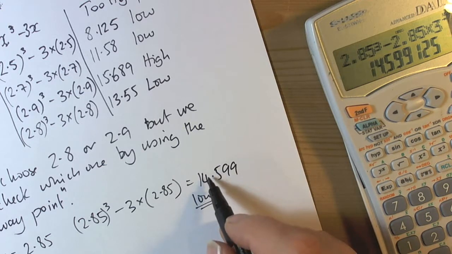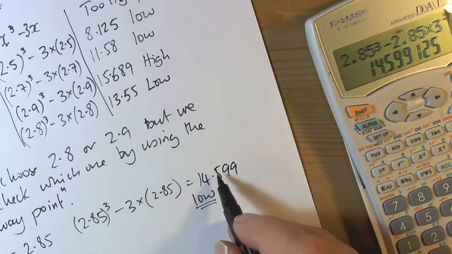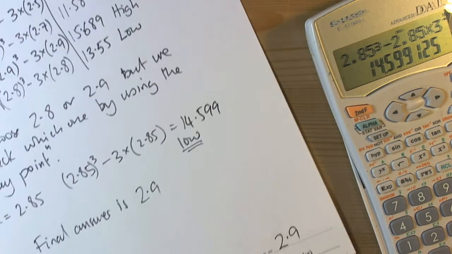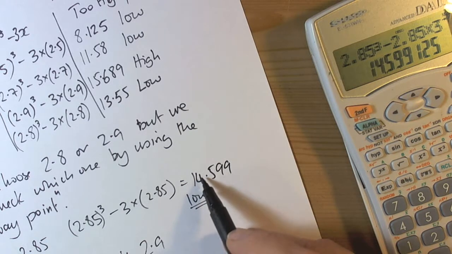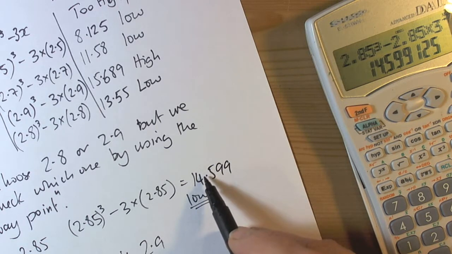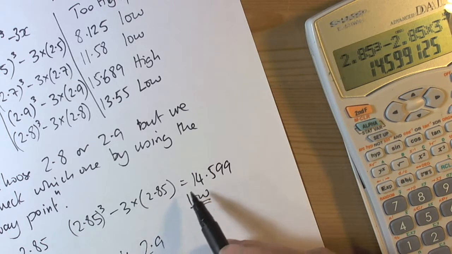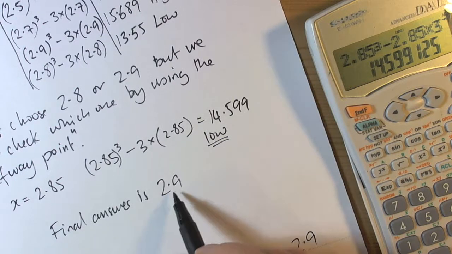Because this is low, it suggests that the nearer answer to 15 was the 2.9 answer. So our final answer is 2.9. The x value equals 2.9. If this had come out higher than 15, then we'd have chosen 2.8 as being closer, in terms of getting the closest you can to 15 to one decimal place for the x value. So the final answer is 2.9.